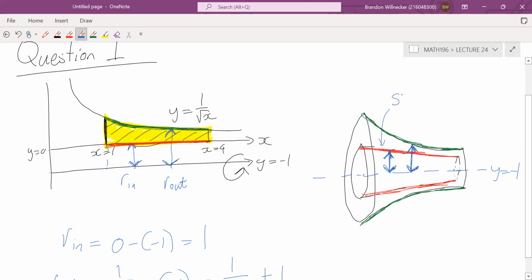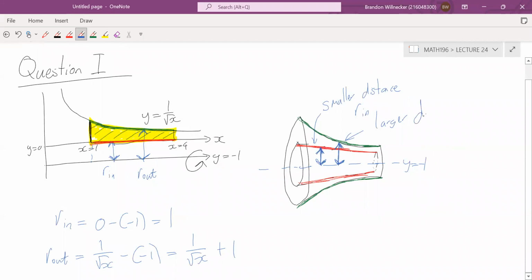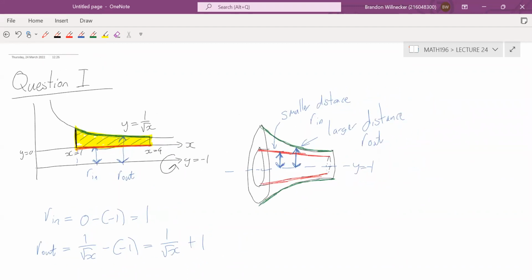So a smaller distance inside, smaller distance R in, larger distance R out. It's just the distance from the rotation axis, from this axis over here, out to the surface.